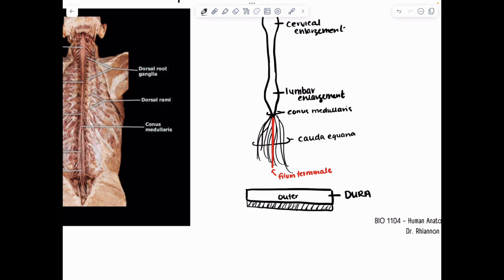And that next layer, our middle layer, is our arachnoid layer. And then our super thin layer, our thinnest layer, and our most inner layer is our pia mater. And the pia mater is attached to the spinal cord via these little tiny teeth-like filaments called denticulate filaments.